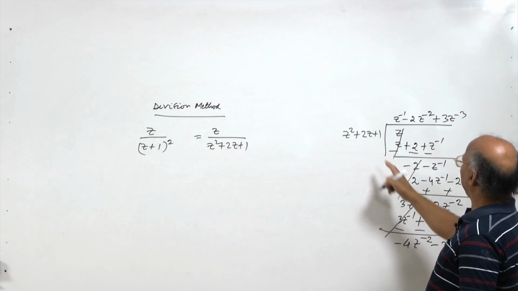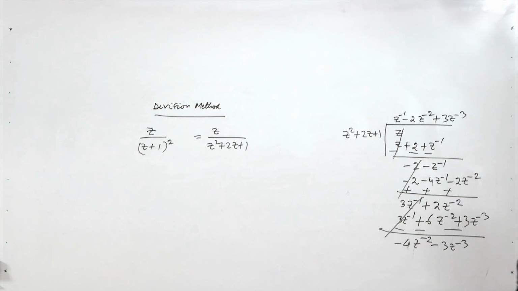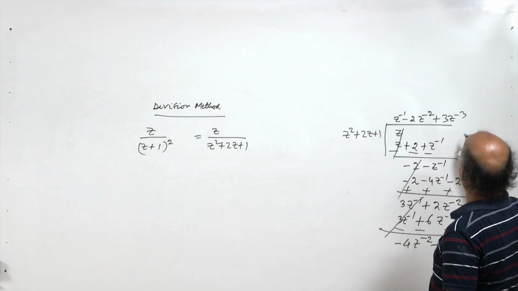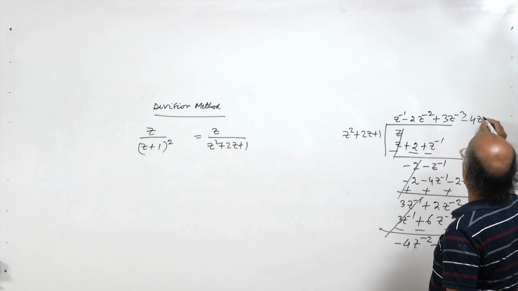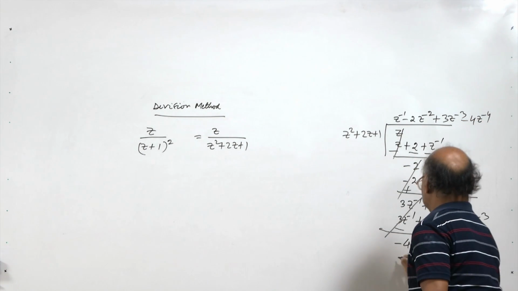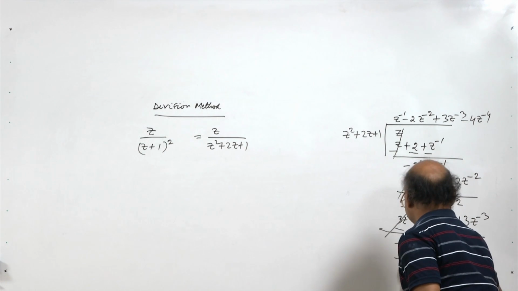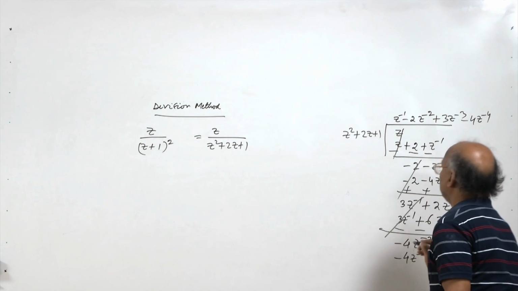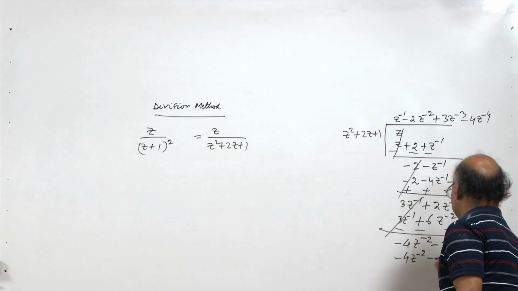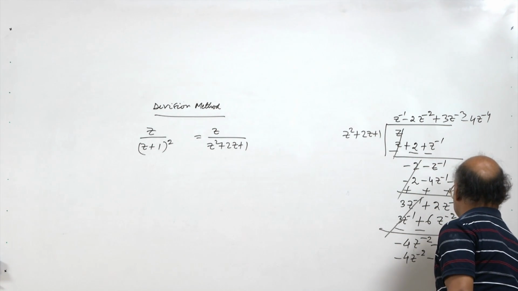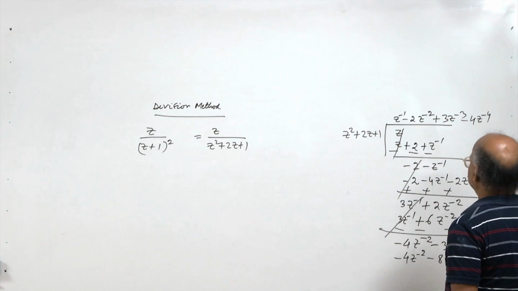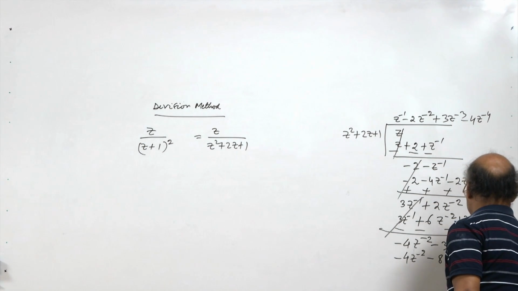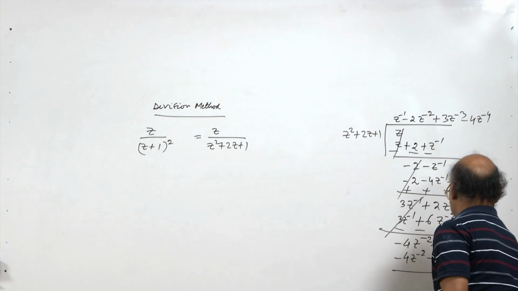Now our aim will be to multiply z square by an expression which will give us minus 4 z to the power minus 2. So, minus 4 z to the power minus 4. So, minus 4 z to the power minus 2, and then we get minus 8 z to the power minus 3, and then we get minus 4 z to the power minus 4.